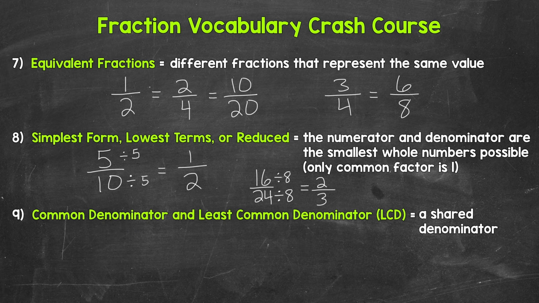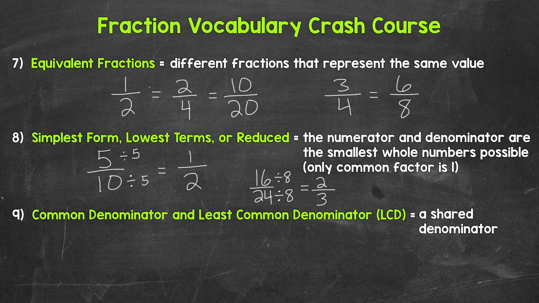The only common factor between 2 and 3 is 1, so this is now simplified. 16/24 simplifies to 2/3. Moving on to common denominator and least common denominator now, let's focus on common denominator first.